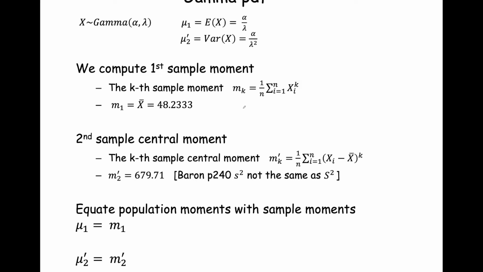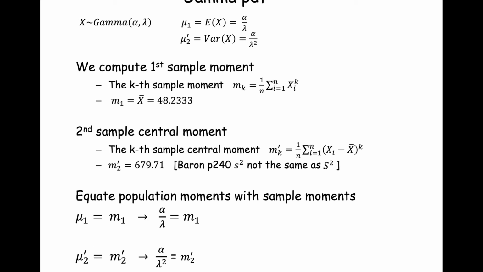And now we're going to equate. We're going to have two equations. We're going to equate the first population moment for the gamma with the first sample moment, and then we're going to equate the second central population moment for the gamma with the second central sample moment. So if we do that, we get this equation.